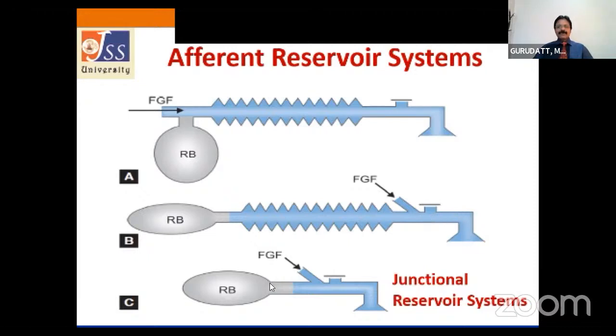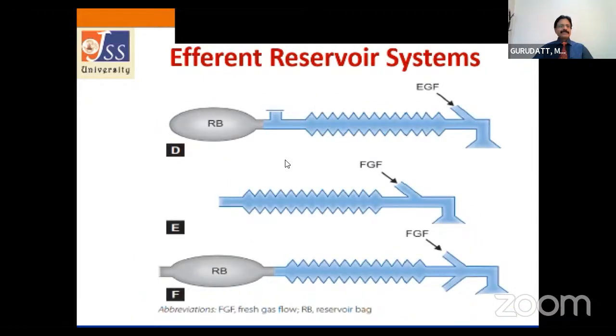Again, the same thing in Mapleson C, which is the same as Mapleson B, except that there is no corrugated hose. That is why they have been renamed as junctional reservoir systems. Coming to the efferent reservoir systems, Mapleson D, E, and F are the examples. Mapleson E and F are actually modifications of the Mapleson D system.